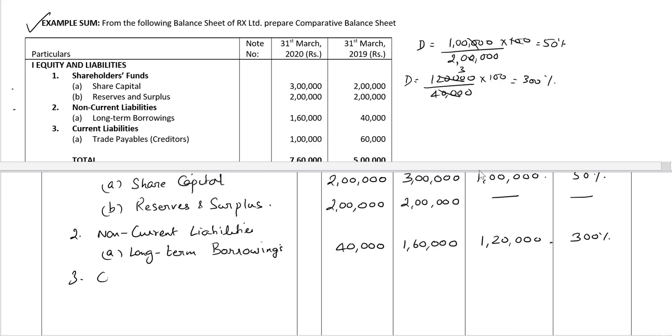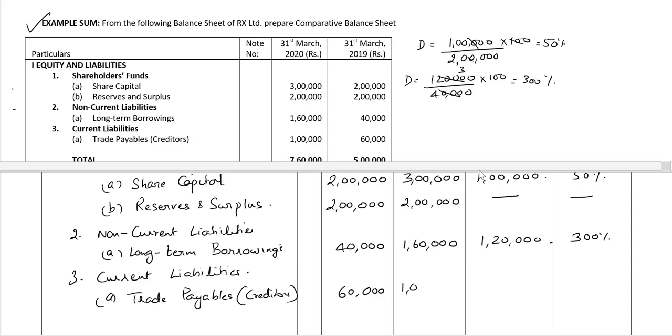3 is current liabilities. A, trade payables. Creditors. First column 60,000.